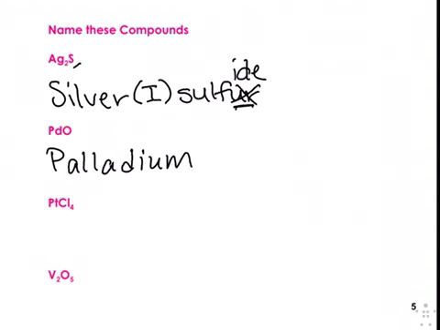Yes, indeed it is. So we'll need to make sure we have the parentheses. O indicates oxide. And now we have to figure out what value for our Roman numeral needs to go in the parentheses. This will be based off of the charges. So what charge does oxygen have on it?